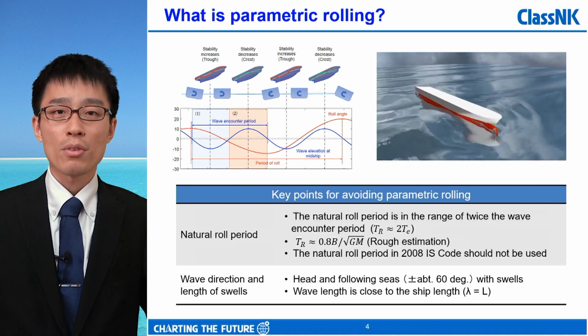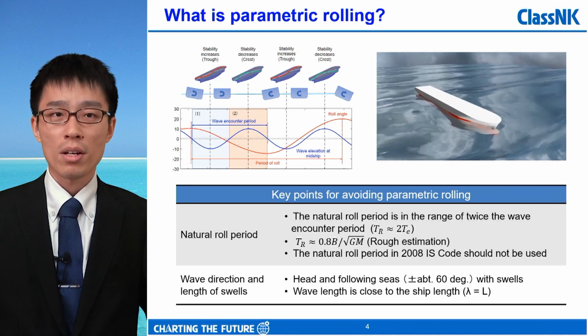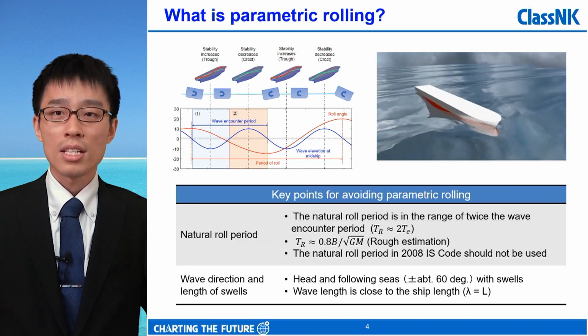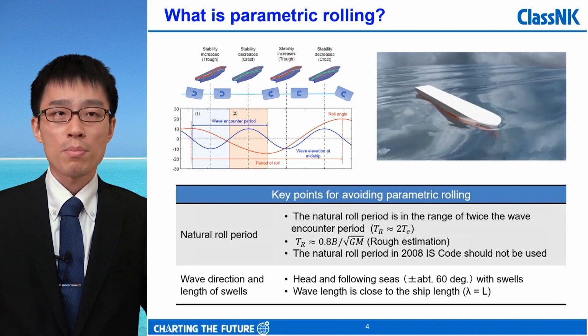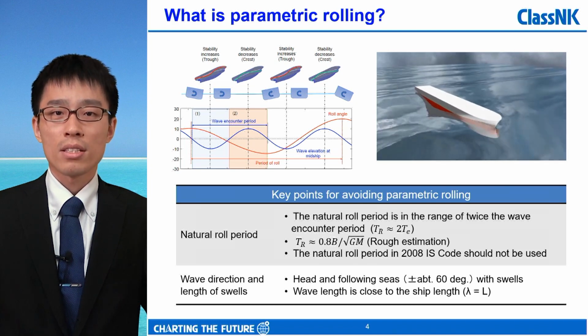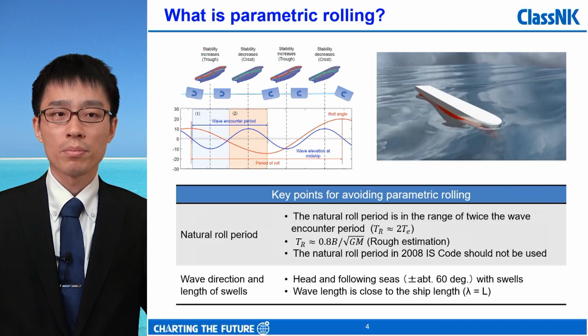And you should pay due attention to the condition of swells, that wave direction is head and following sea, including range of plus minus about 6 degrees, and wave length is close to the ship length.